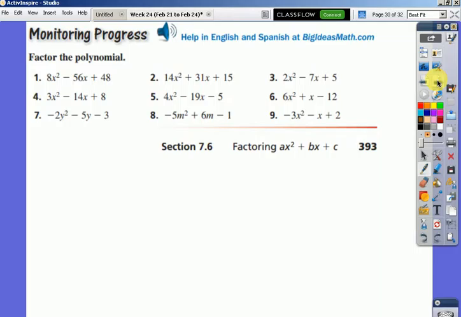Right. What else? Is that 6, 7, 8, 9? What else?